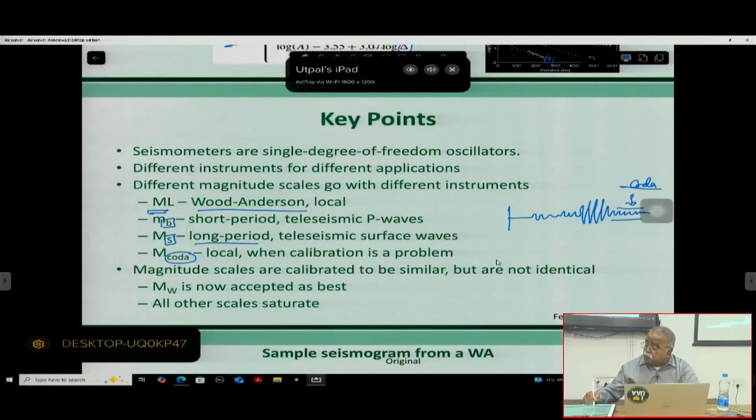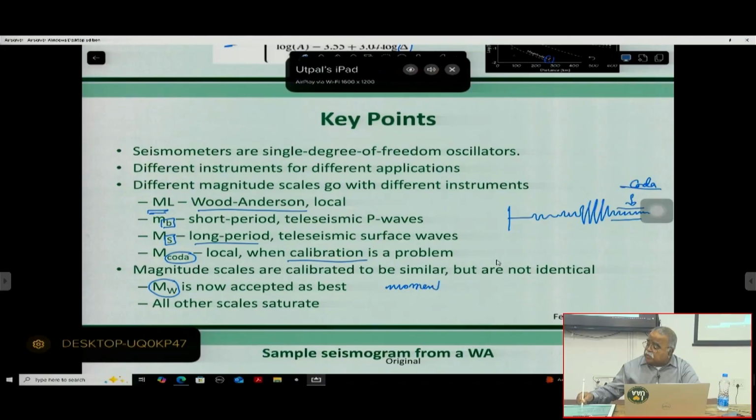But you have to calibrate it properly for your particular region. If you can, then the coda magnitude will be a very reliable estimation, as long as it is not a very huge earthquake. Now, currently we are all using the MW measurement. MW is the moment magnitude measurement.